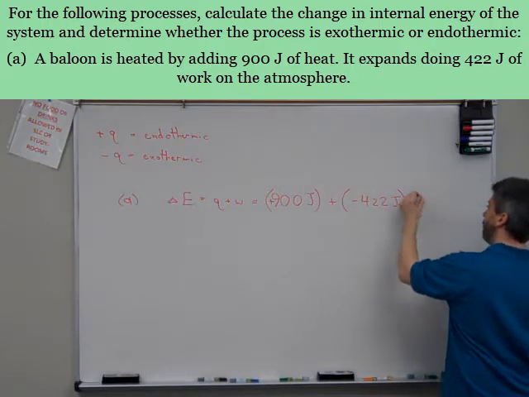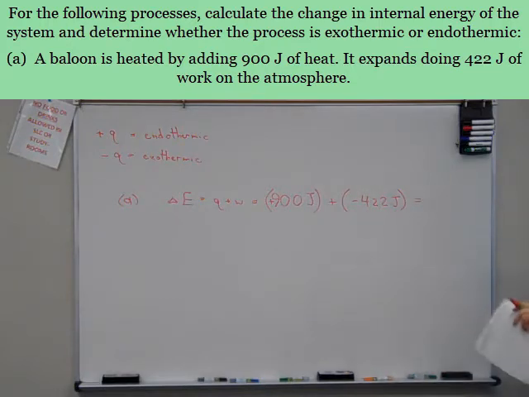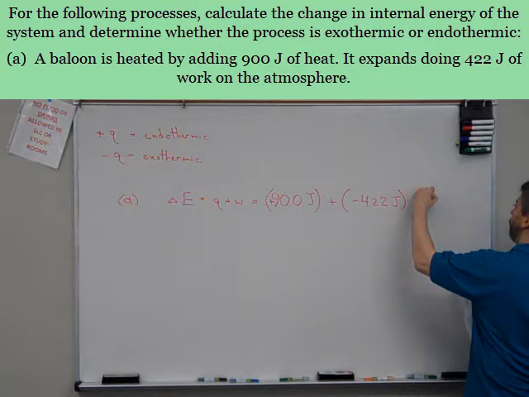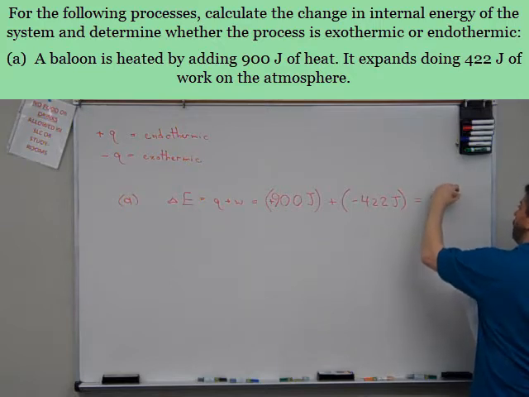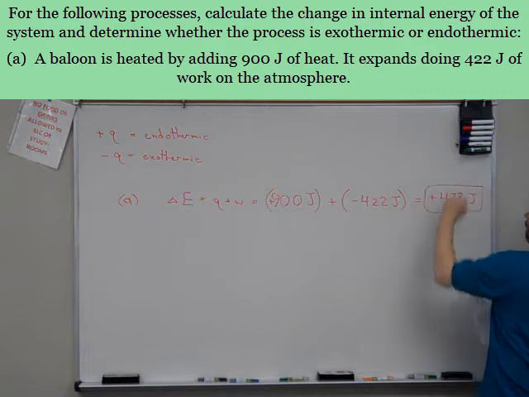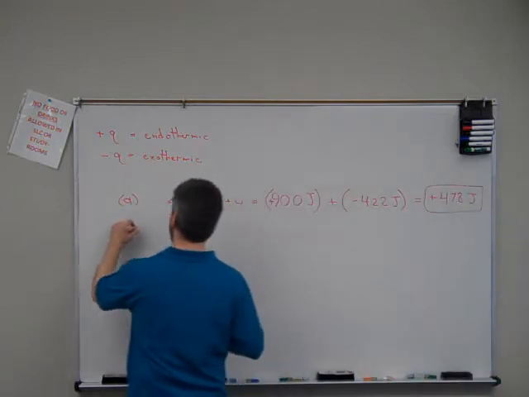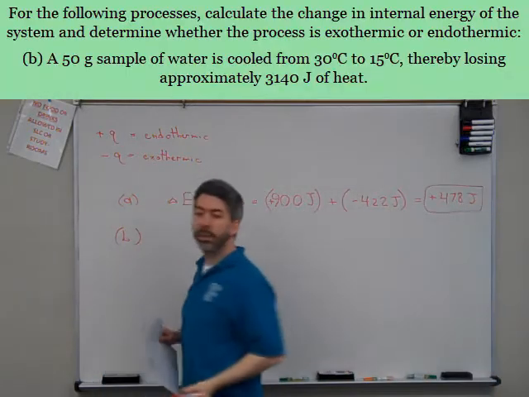In this case, it's pushing out against the surroundings, so that is a negative W. And so this will end up being a positive 478 joules delta E. Positive 900 minus 422.